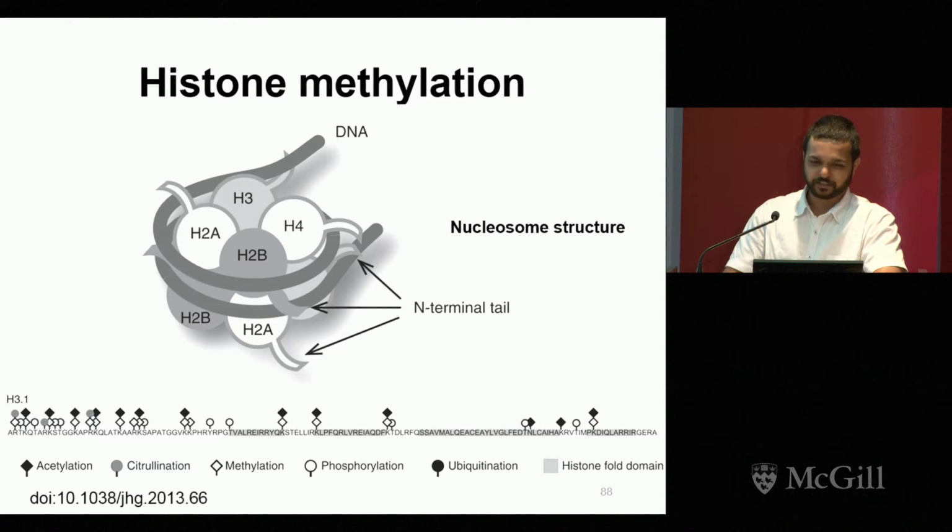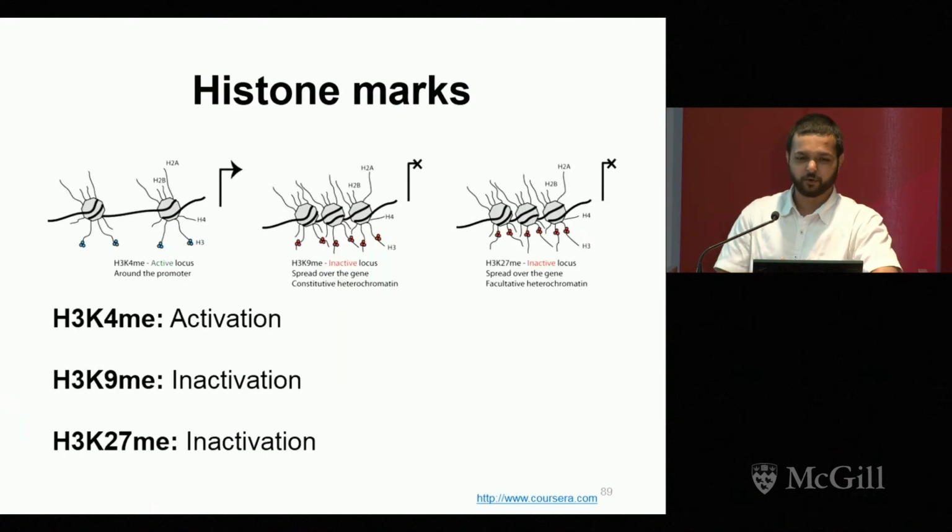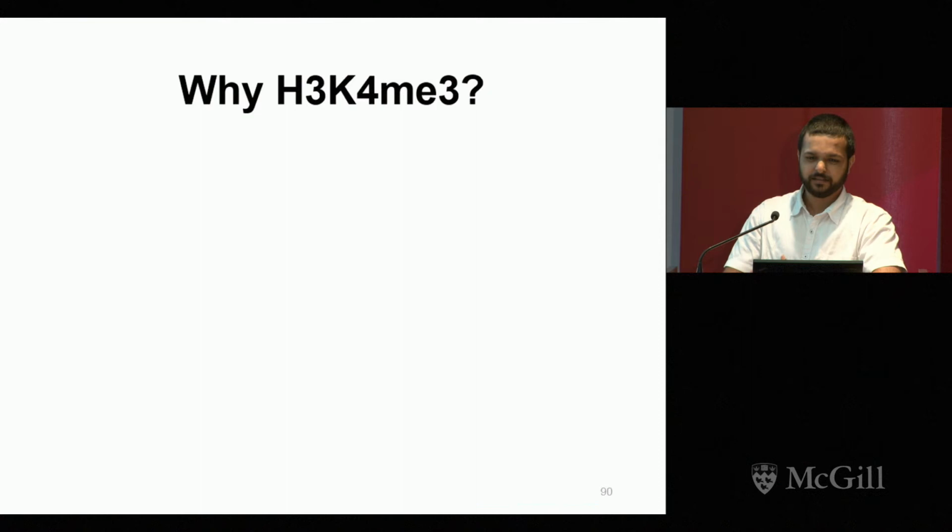Epigenetic modifications occur on these tails, and many can occur, like acetylation, methylation, and phosphorylation. Epigenetic marks can play two major roles: activating gene expression or deactivating it. We are studying H3K4 trimethyl because it is present in the promoter region and is responsible for activating genes.